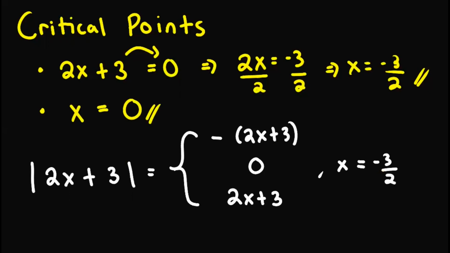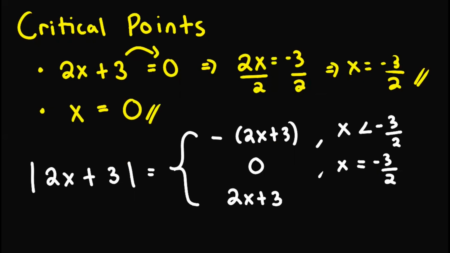How about this part? Why is there a negative out here? Well, this part out here represents the value of the absolute value of 2x plus 3 for values of x that are less than the critical point, which is negative 3 over 2.